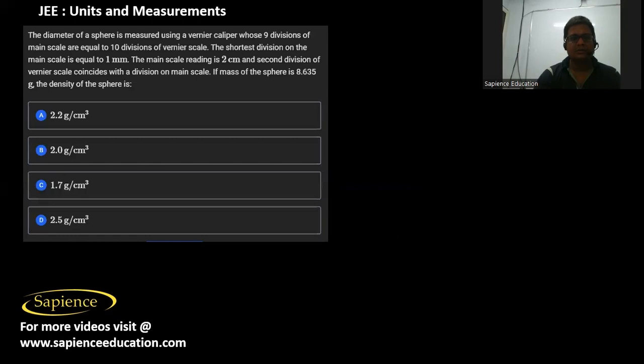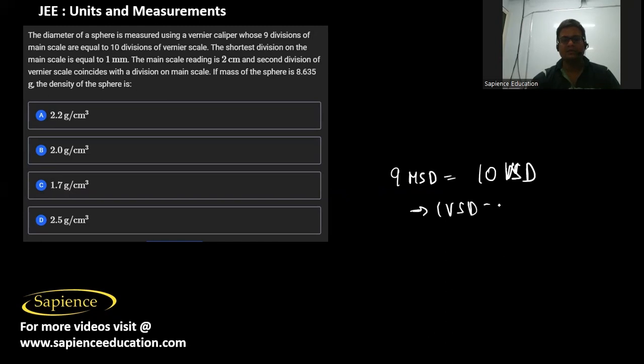And here it is told the diameter of a sphere is measured using a vernier caliper whose 9 divisions of main scale are equal to 10 divisions of vernier scale. So 9 main scale divisions equal 10 vernier scale divisions, so 1 vernier scale division is equal to 9 by 10 main scale division.